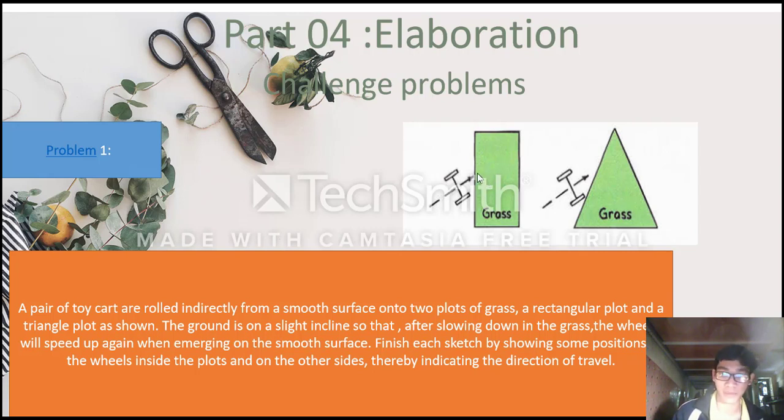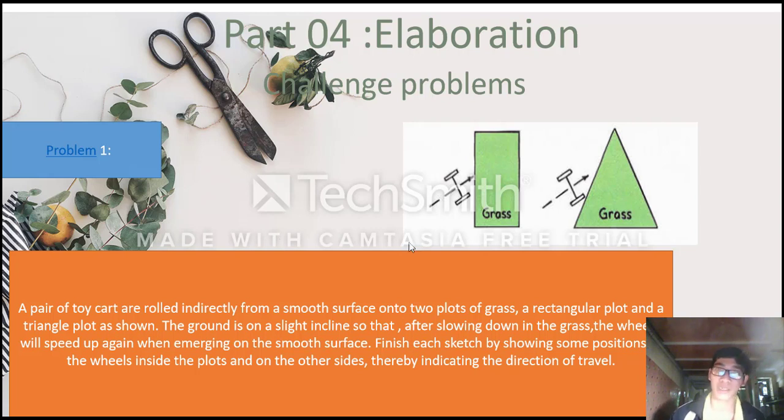The wheels will speed up again after they travel through the grass, and the cars return to a smooth surface. When they finish, I ask my student to trace the path by showing some positions of the wheel inside the plot, and another.